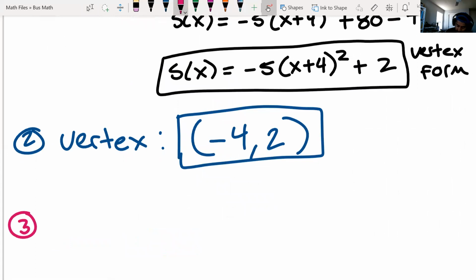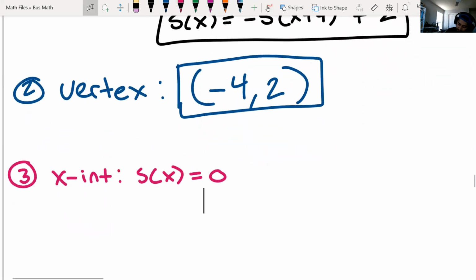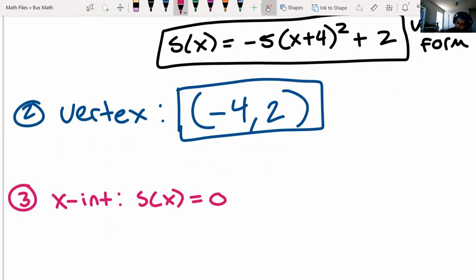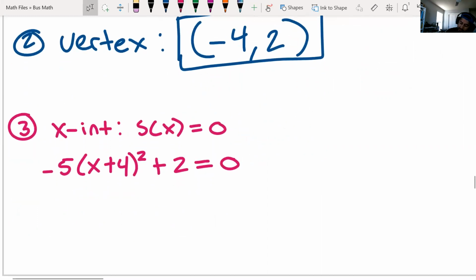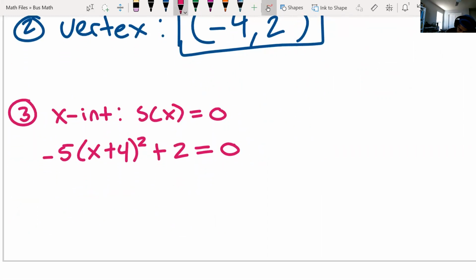So 3, x-intercept. We let, well, here it's labeled S of x, equal 0. Okay, so we take our vertex form and we set it equal to 0 and we solve for x. Ooh, this is going to be ugly.